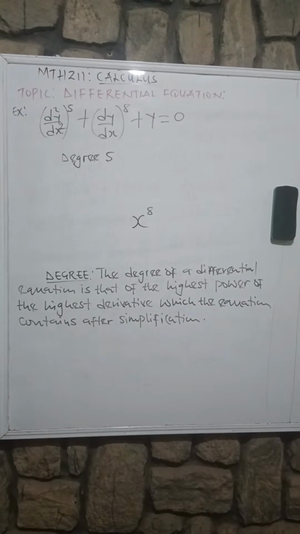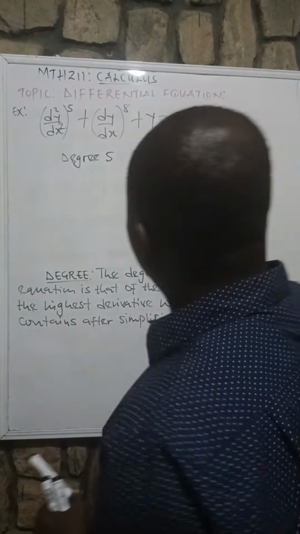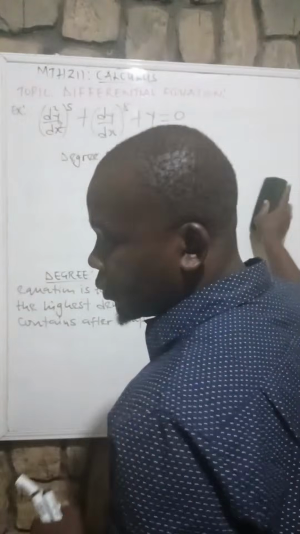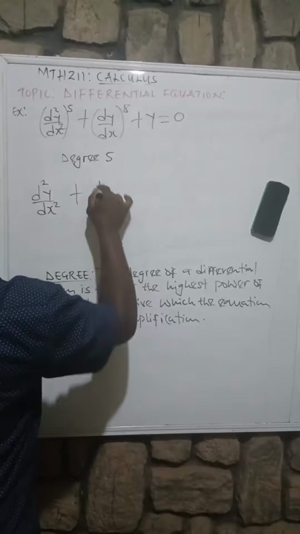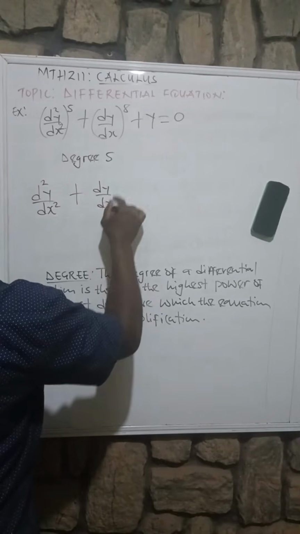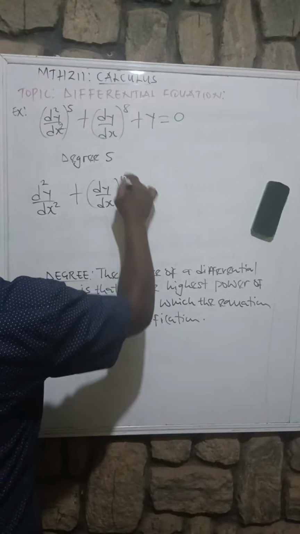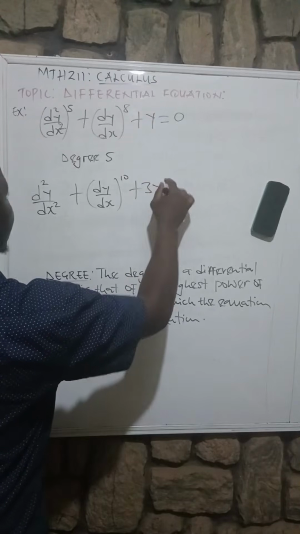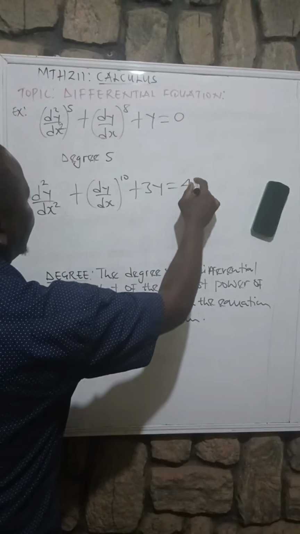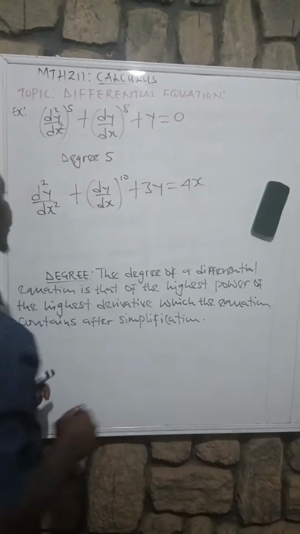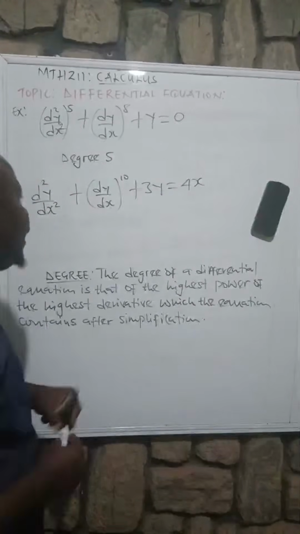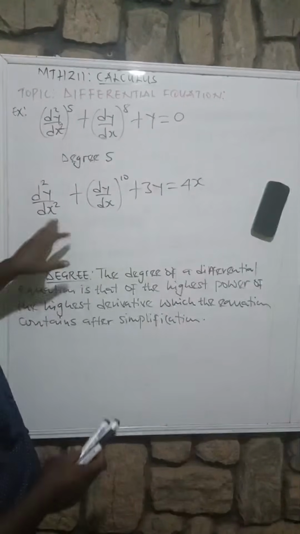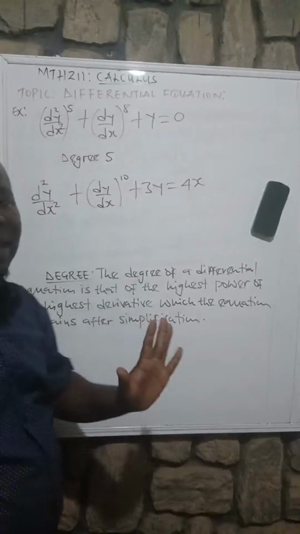Degree 5. Okay. So let's fix idea with more examples. Okay, (dy over dx) raised to power 10 plus 3y equals 4x. So now, if you are asked to identify the degree of this differential equation, it's simple as ABC.